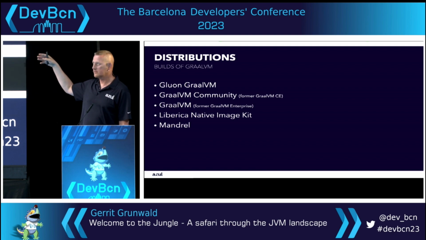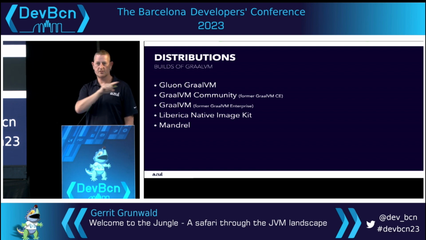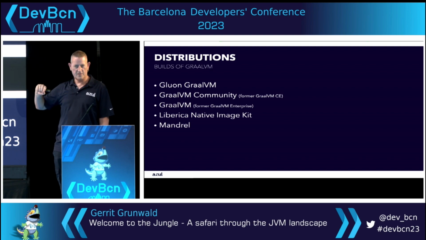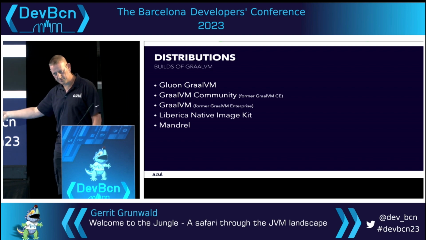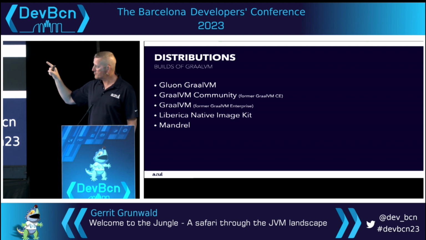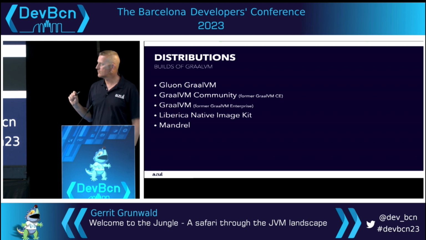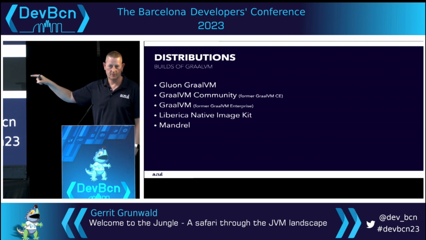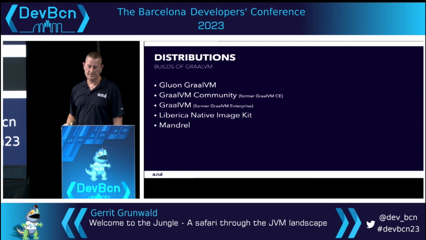This is the formerly known GraalVM CE, because they changed that 2 weeks ago. Then there's now called just GraalVM, which was GraalVM Enterprise before. And then there's Liberica Native Image Kit, which is also a build of GraalVM. And there's Mandrel. Liberica is from Bellsoft and Mandrel is from Red Hat. Right? So these are all the different builds that you can find of GraalVM with different features.